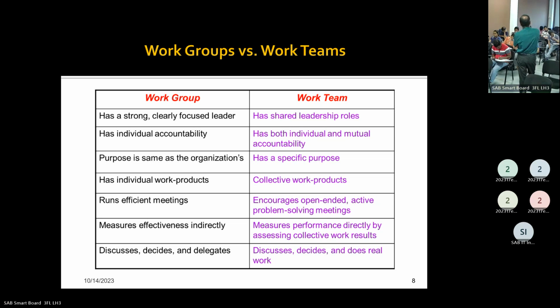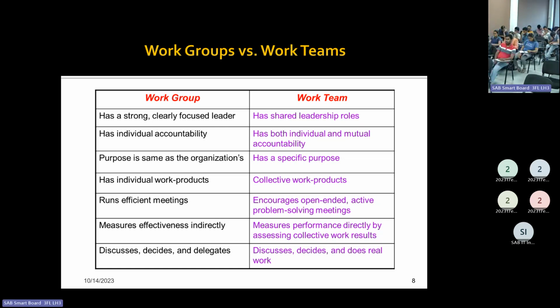They personally should perform the task. But in a team, both should be there. Both individual and mutual, collective responsibility and accountability. That's how we see a difference between work groups and teams with regard to the members' accountability or responsibility.